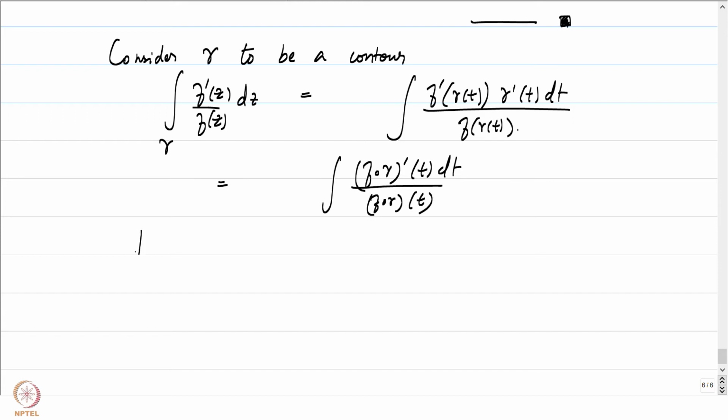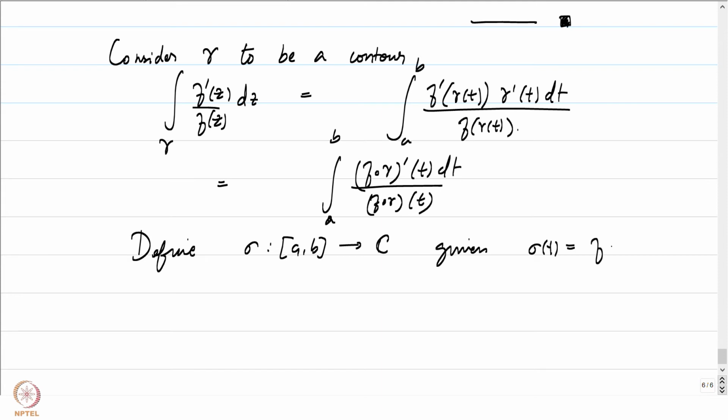So, define our curve sigma from a, b to C given by sigma of t equal to f composed with gamma of t.